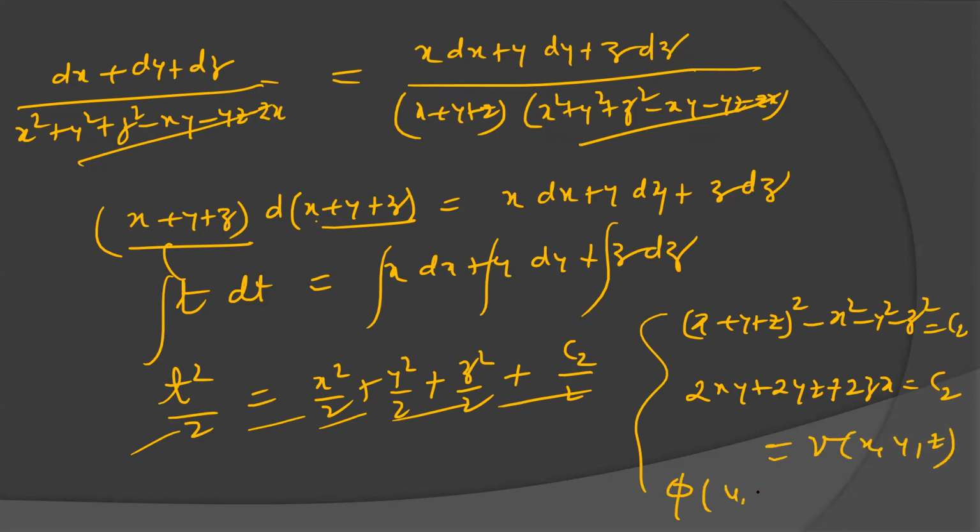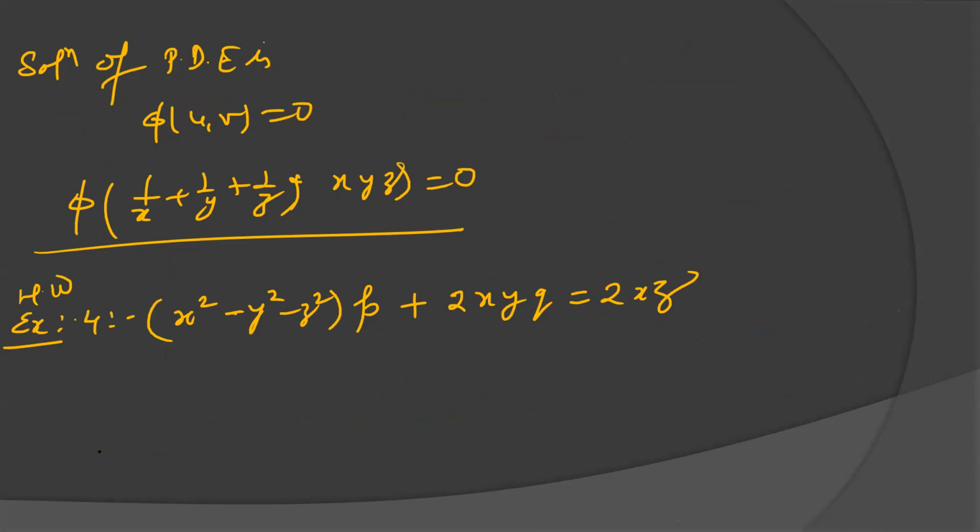Now we can write the solution phi(u, v) equal to 0. U and v you already have. Another question I'm giving you as homework: y plus z p plus z plus x q equal to x plus y.